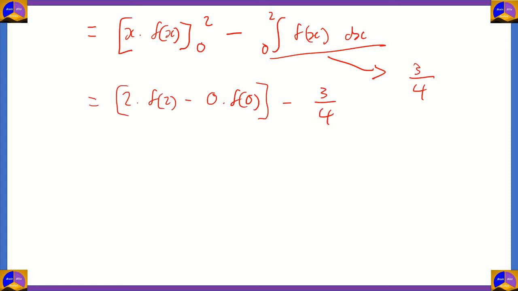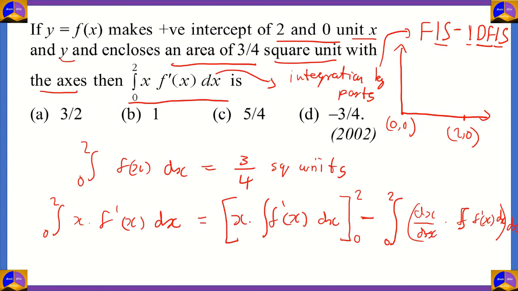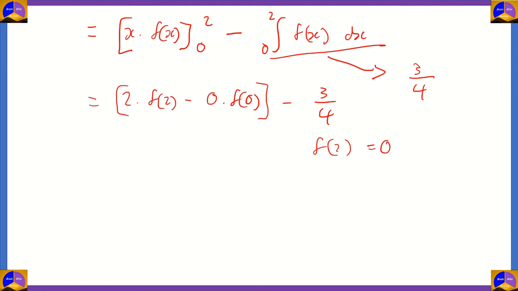Now over here we should note that f of 2 will be equal to 0 because this function is having a positive intercept at x equals 2. So f of x, the function at x equals 2 has to be equal to 0 because of the positive intercept.